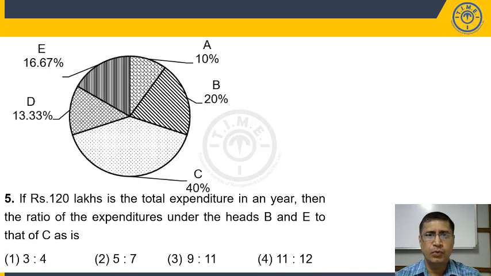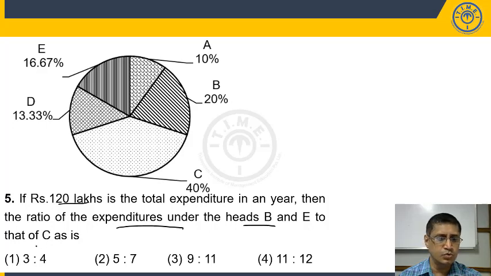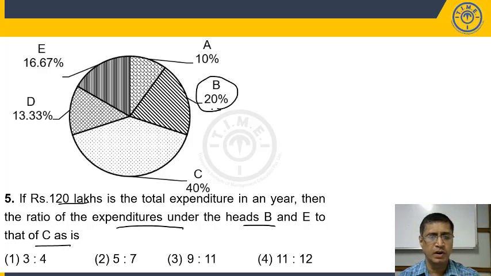Okay, now look at the next example on your screen. If rupees 120 lakh is the total expenditure in a year, then the ratio of expenditure under the heads B and E to C is. Now B and E, B is equal to how much? 20. E is equal to how much? 16.66.